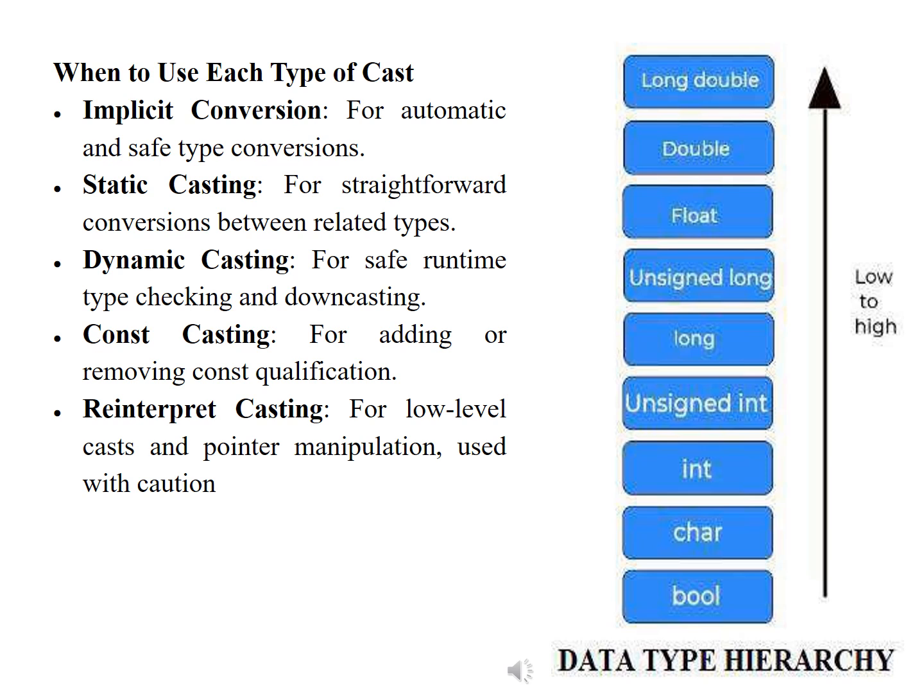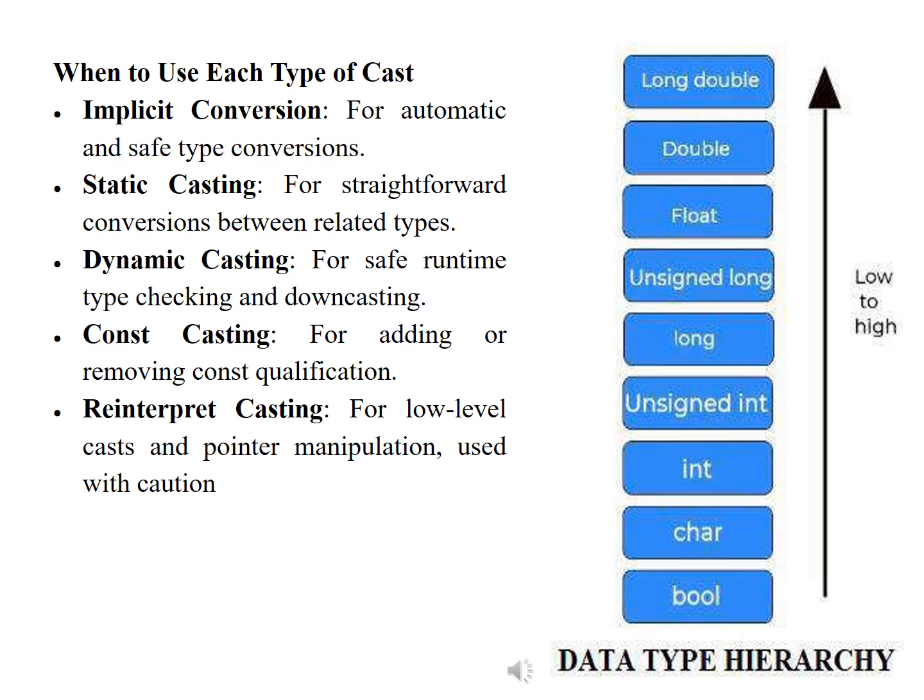Constant casting is for adding or removing constant qualification. Reinterpret casting is for low level casts and pointer manipulation, used with caution. So basically we follow five different types of casting: implicit casting, static casting, dynamic casting, constant casting and reinterpret casting.